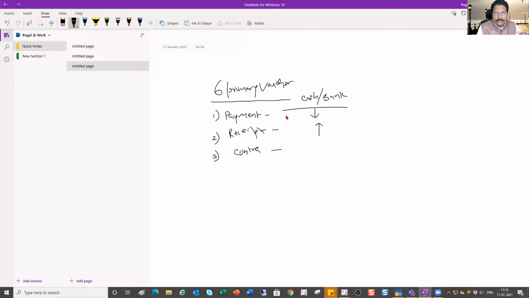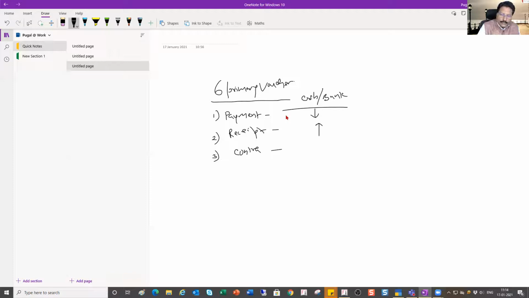That again is a contra entry. I hope you people are getting it. From the main cash, money is going into petty cash. Overall, there is neither an increase nor a decrease in the overall funds of the organization. That is when you use your contra entry.